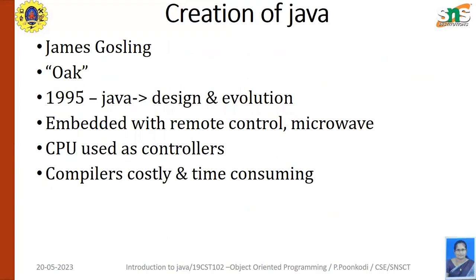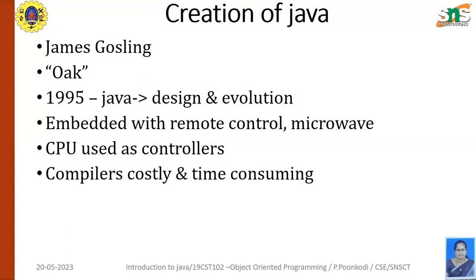The next one is the Java creation, how Java was created. Actually, James Gosling is the author of the Java programming language. They developed this programming language at Sun Microsystems Laboratory. While developing, they named it Oak.